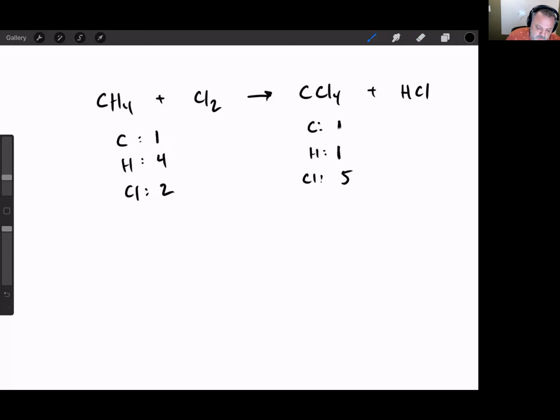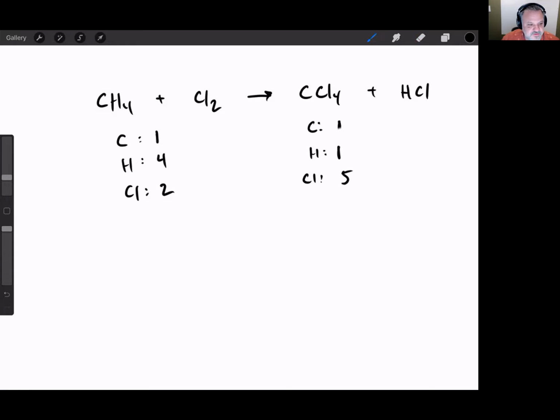Okay. So we see that on the left we have 1 carbon, 4 hydrogens, 2 chlorines, and on the right it's 1 carbon, 1 hydrogen, and 5 chlorines. And of course, ultimately the goal is to get the list to be the same.